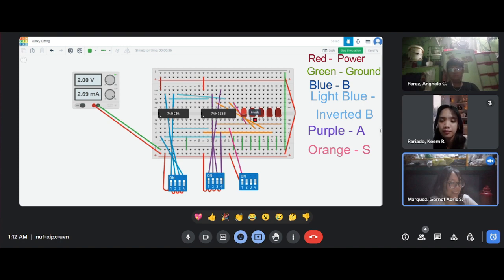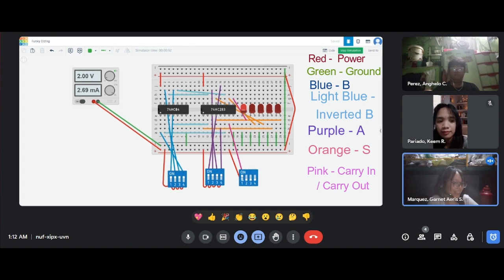And then, nakakonect sila lahat sa LED. So, yung pink is carry in and carry out. So, na-start na natin yung simulation. And then, for yung nakikita natin ngayon is 111 and 111.